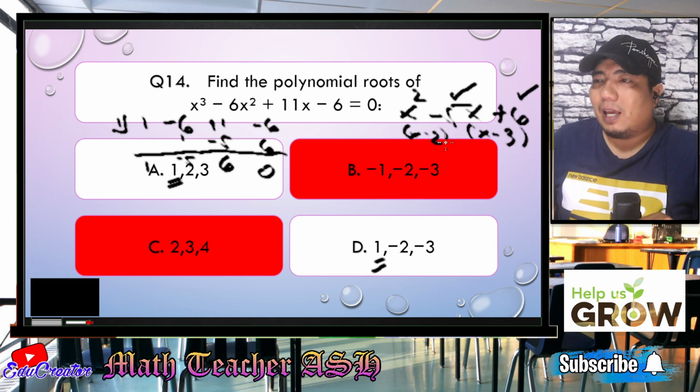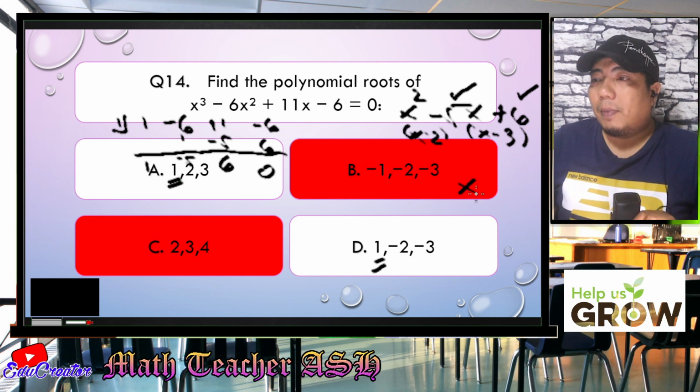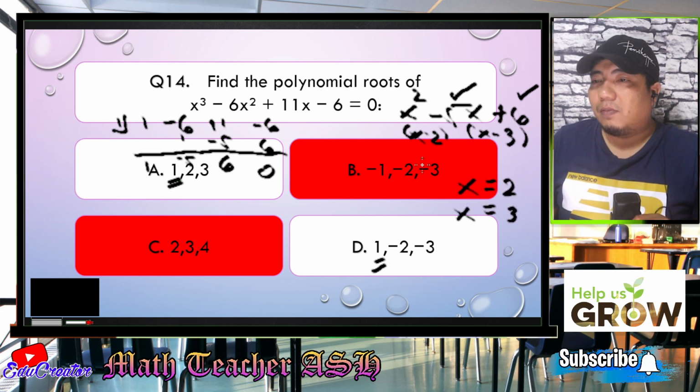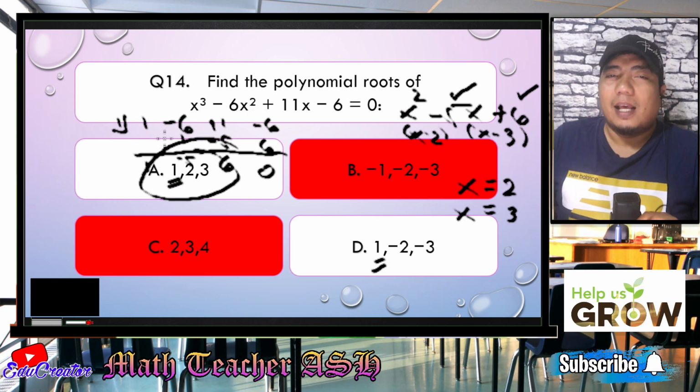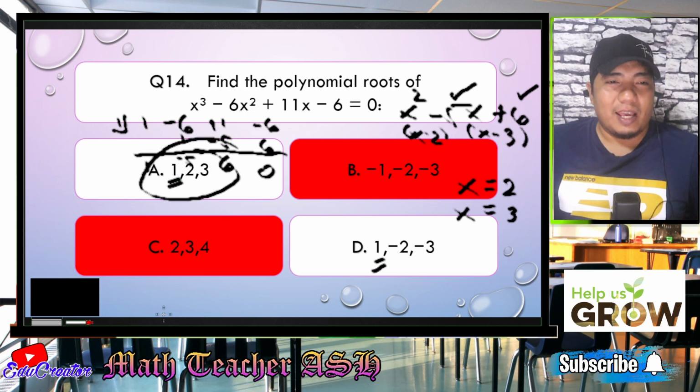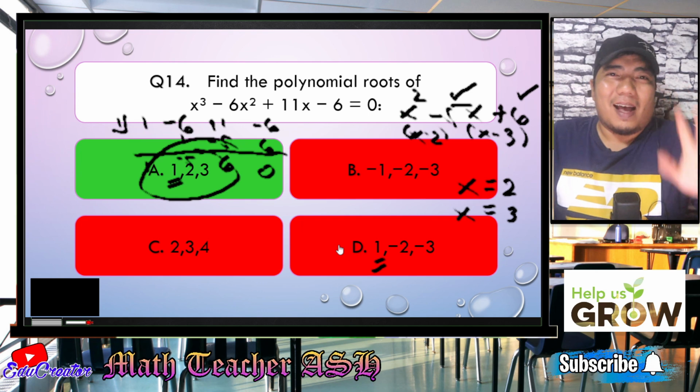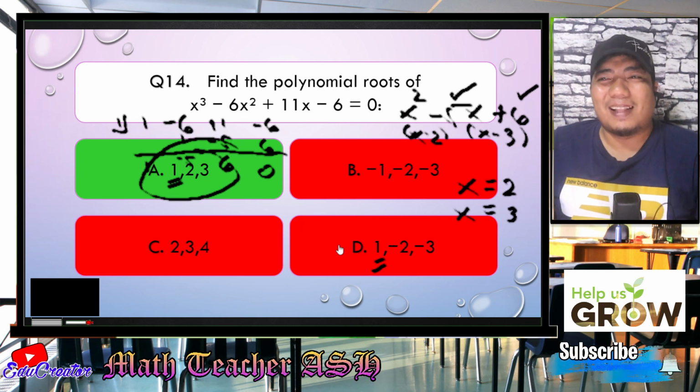So when you get the value of x for each factor, one is x equal to positive 2. The other one is x equal to positive 3. Therefore, the correct answer is letter A. Let's check. All right. I hope you got that one, my dear math learners.